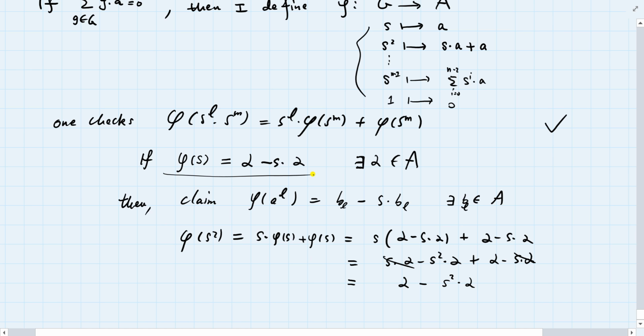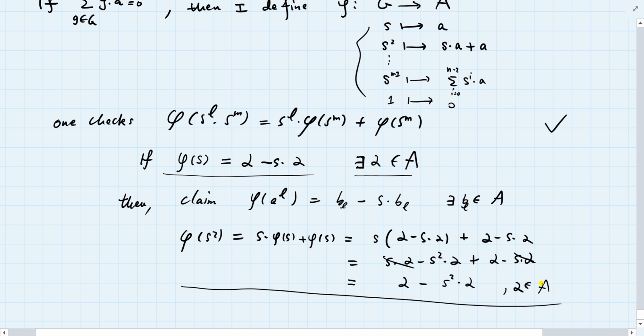Okay, see, first, there is this alpha. Then phi square is still in this form. There's some alpha in A, so by induction you can do the same. You will see.